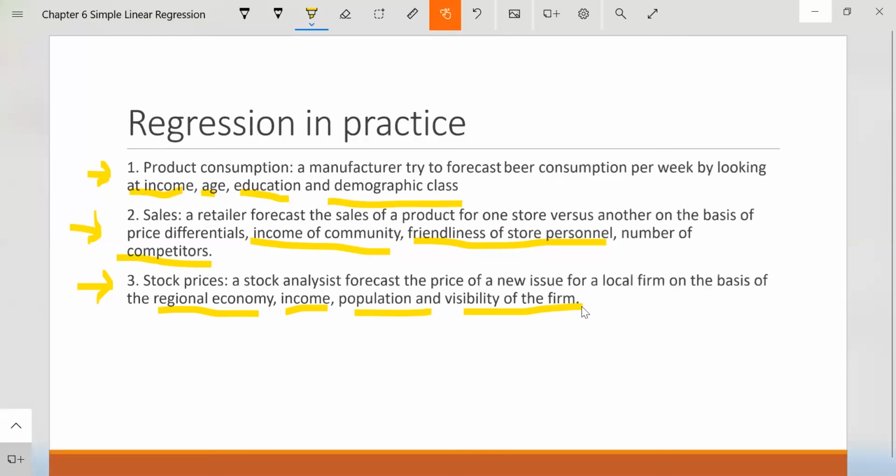Then what we could do is to run regression, use data on other similar companies who also issued stock, then derive an appropriate price for this new issue. So all of these will involve the use of regression. Of course, they will all involve a more realistic one, which is the multiple linear regression model that we will discuss in the next chapter.